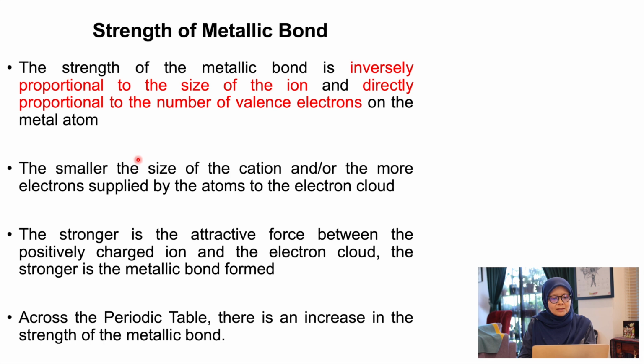The smaller the size of the cation and the more electrons supplied by the atom to the electron cloud, the stronger is the attractive force between the positively charged ions and the electron cloud, and the stronger is the metallic bond formed. So across the periodic table from left to right, there is an increase in the strength of the metallic bond.